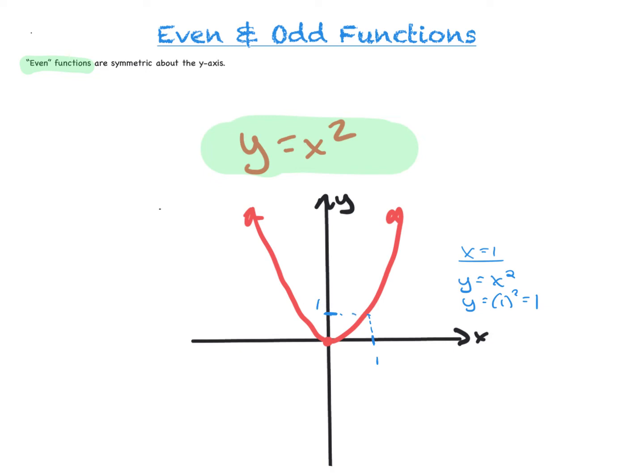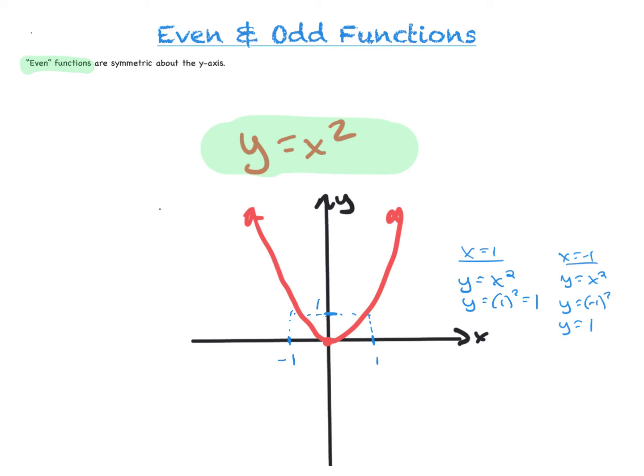But in order to be symmetric about the y-axis, when we plug in x equals negative 1, we should get the same y value. We plug in x equals negative 1 to y equals x squared, and sure enough, we have negative 1 squared, which is positive 1 also.